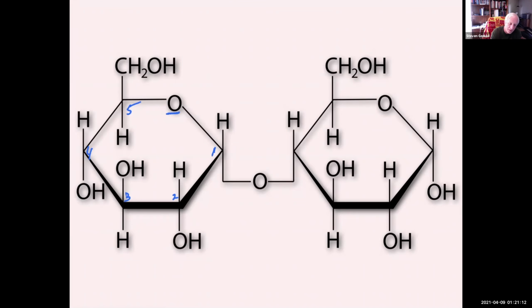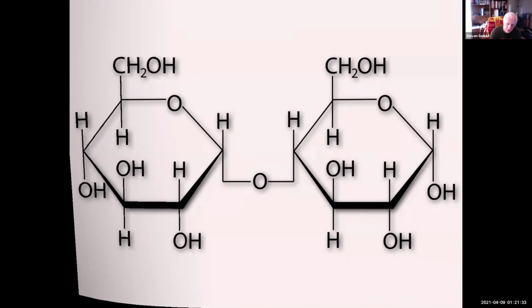Half the time that goes up, half the time it goes down. This is a beta linkage. So here's your oxygen that links them together. Again, this is number 1, 2, 3, 4, and 5. So this is a 1,4 glycosidic bond linkage.